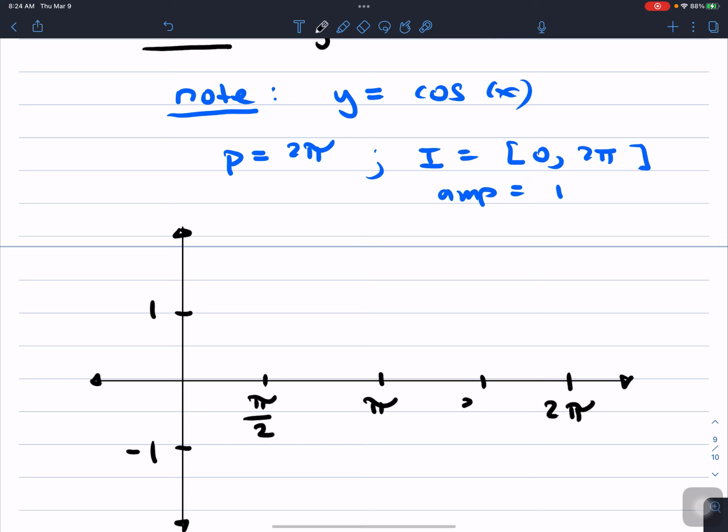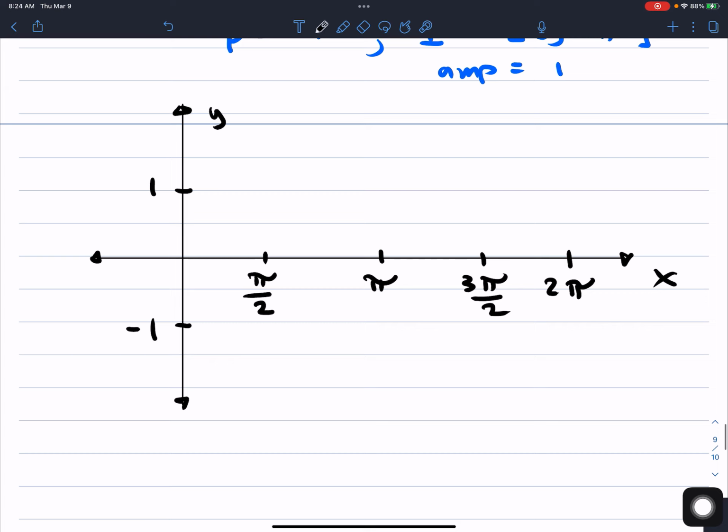So I already know how to graph cosine. And if you said, what does a graph of cosine look like? Well, it starts at the highest point. It goes down to the x-axis. Lowest point, x-axis. Okay, highest point. This is cosine.